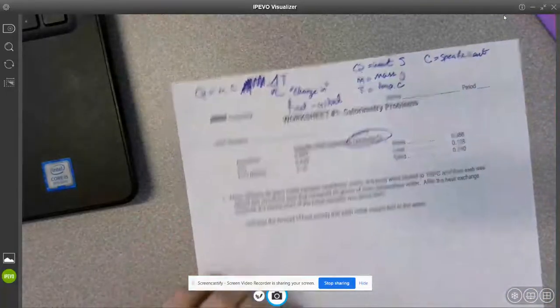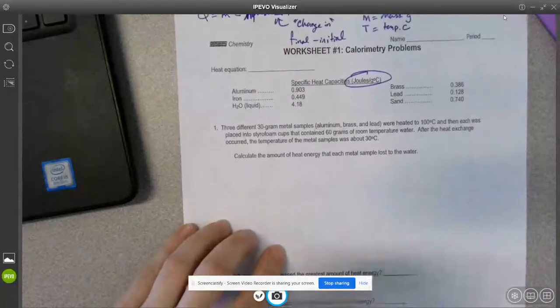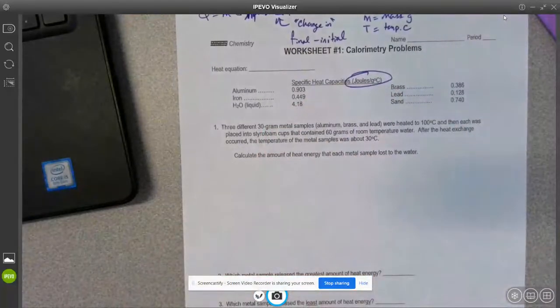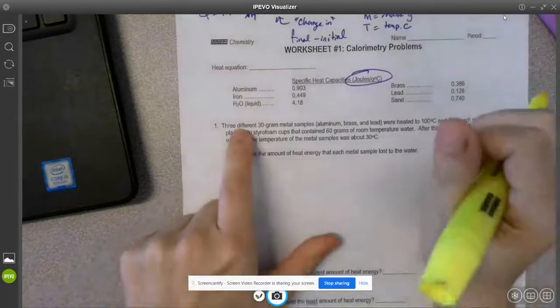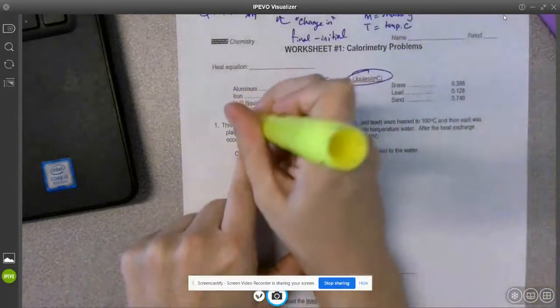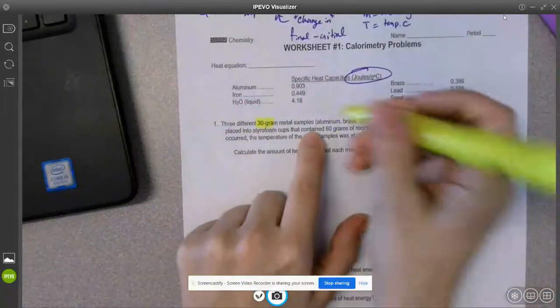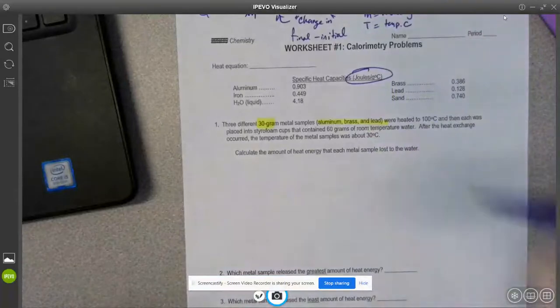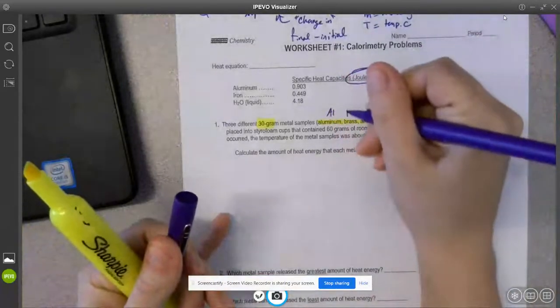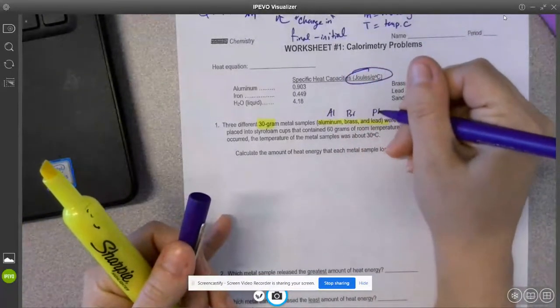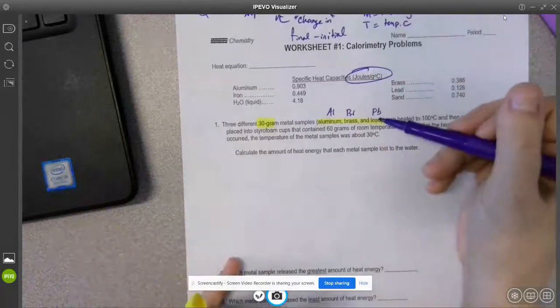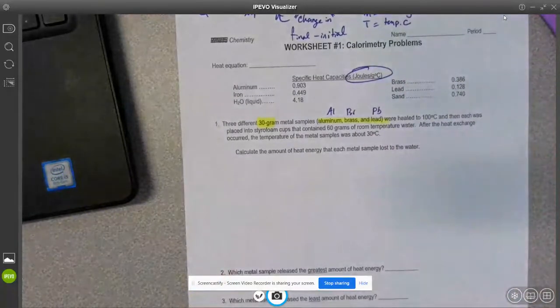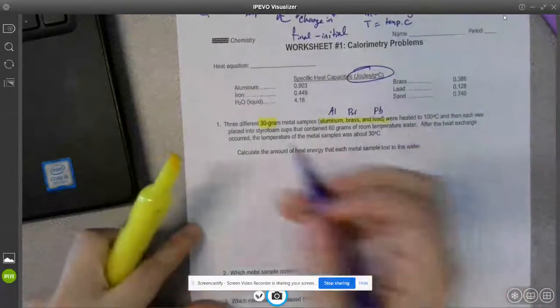So let's go ahead and get started with our first problem. The first problem is a little bit much. We're going to have 3 different 30-gram metal samples: aluminum, brass, and lead. So we'll abbreviate them. Lead is PB on the periodic table, so that's why we have PB here.